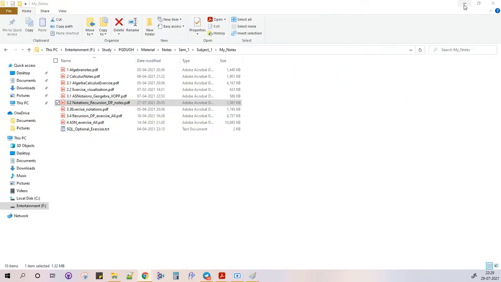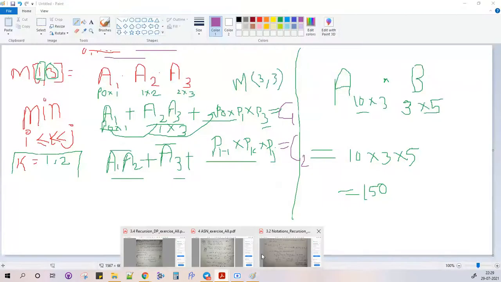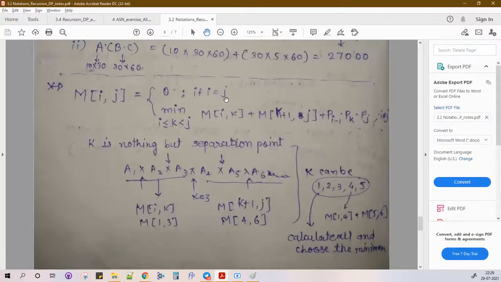So it is the minimum of M[i][k] + M[k+1][j] plus this, where k goes from i up to j-1, i is included, correct?